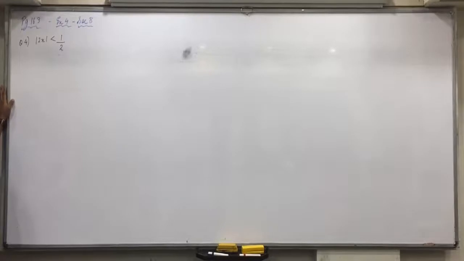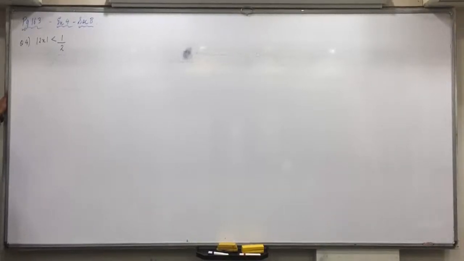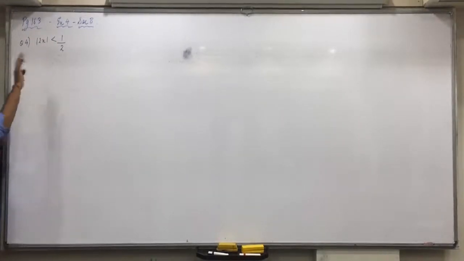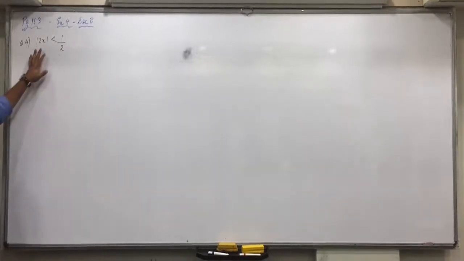First of all, keep in mind that the modulus form is modulus x minus a. We always need only x. If along with that x there is anything else, then you have to cancel it. There is 2x.